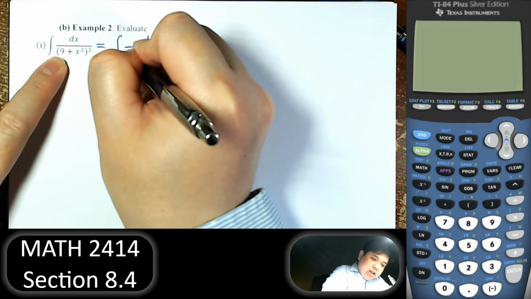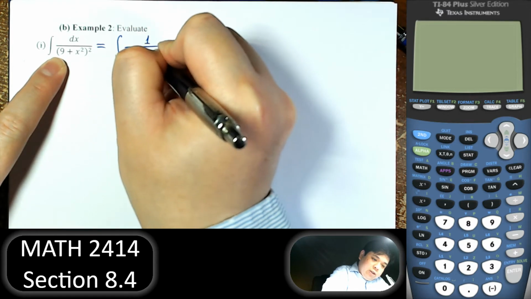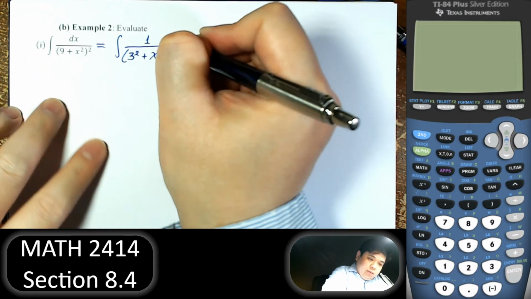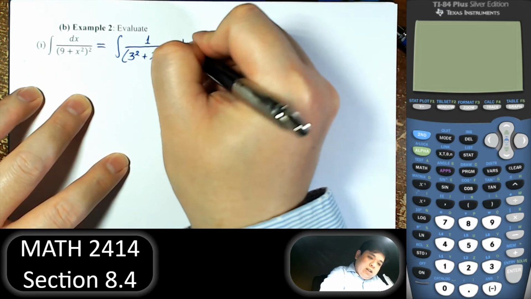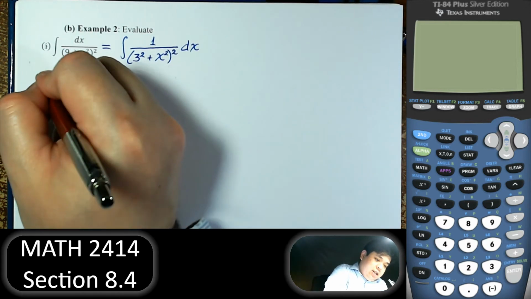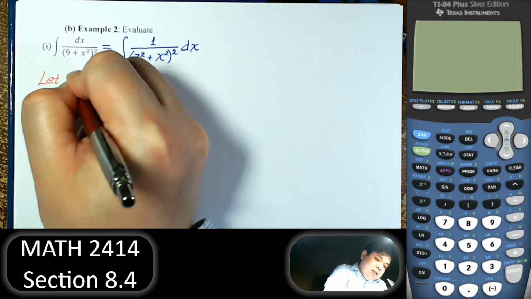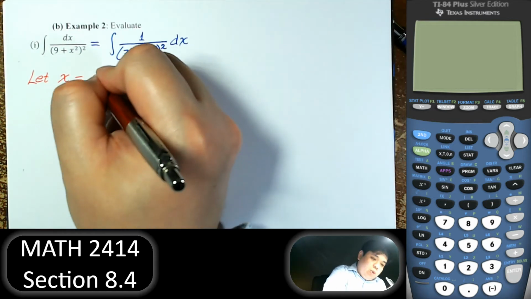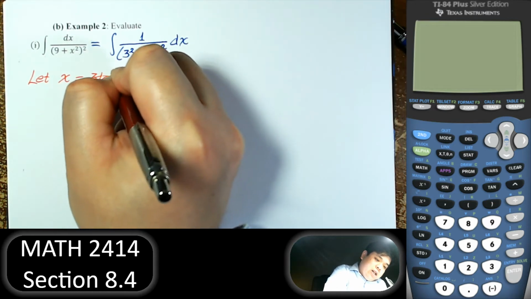And the 9 is 3 squared. Now constant squared plus x squared, that is tangent: x is 3 tangent theta.